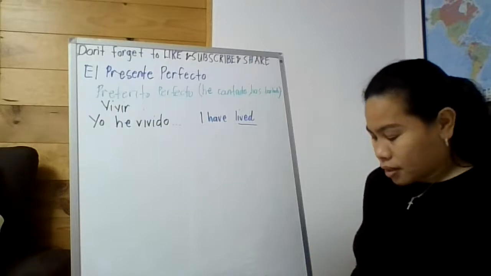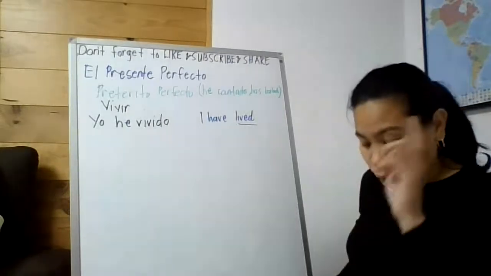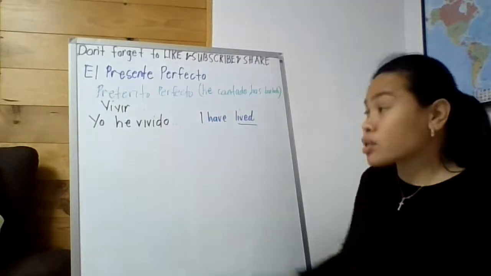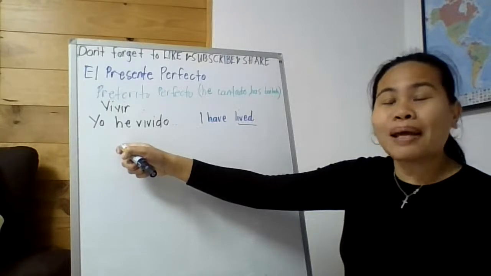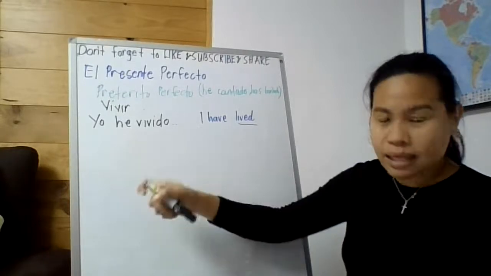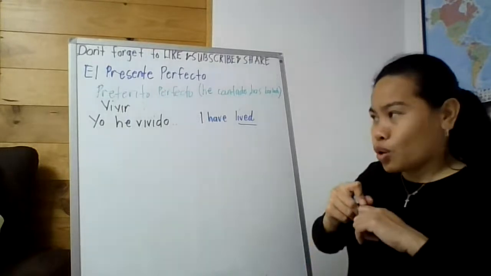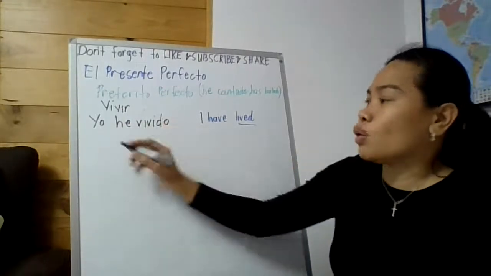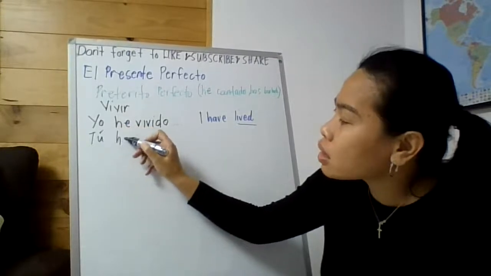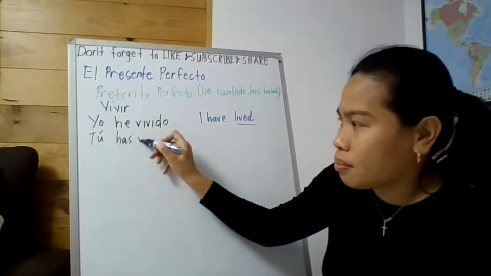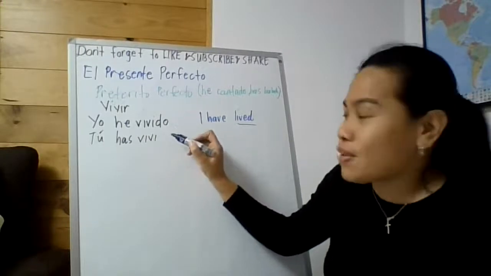Okay? Understand, people? So normally we use the verb el verbo haber as auxiliary in el presente perfecto. So yo he vivido, tú has vivido, and same pattern, vivido.